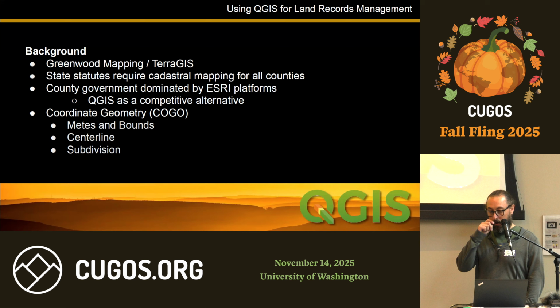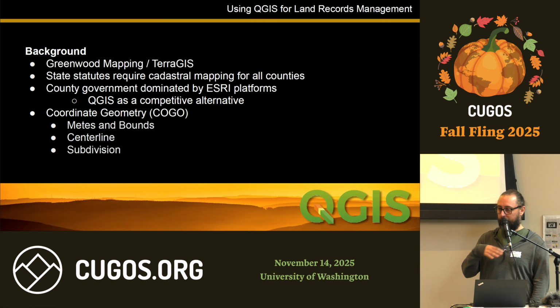So state statutes require cadastral mapping for all counties in Wyoming. So it's always just the baseline for everything. Most county governments in the state of Wyoming are entirely dominated by Esri. So using QGIS is a bit of an outlier in that regard. Most of the general construction for parceling is done using coordinate geometry.